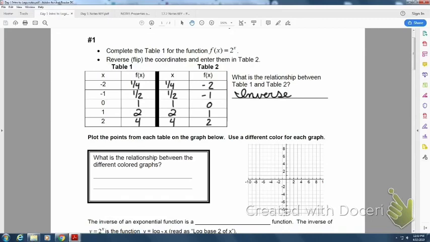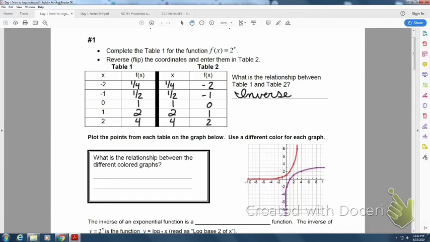Do the same with the second table. You should get something similar to that right there.